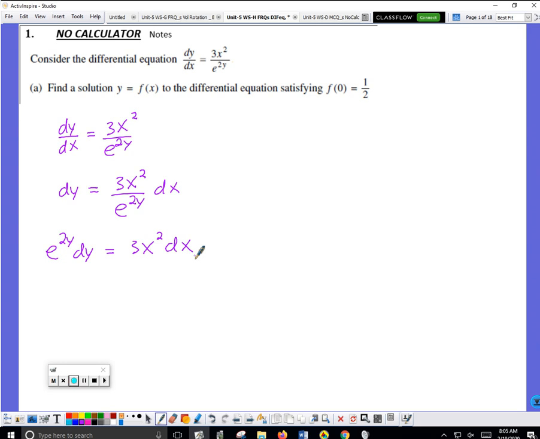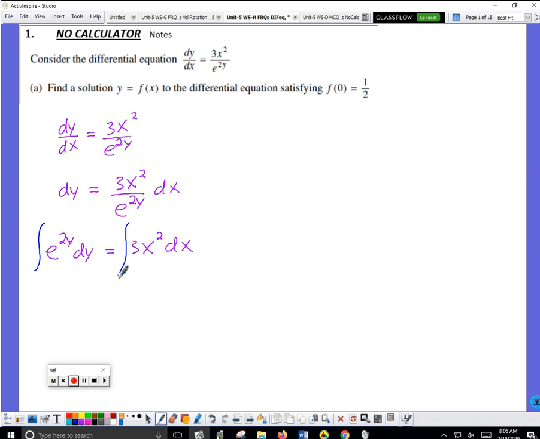Cool. Next step, we anti-differentiate both sides of the equation. So we take this side of the equation, we apply the antiderivative operator. We take this side of the equation, we apply the antiderivative operator. This is the antiderivative in terms of y.